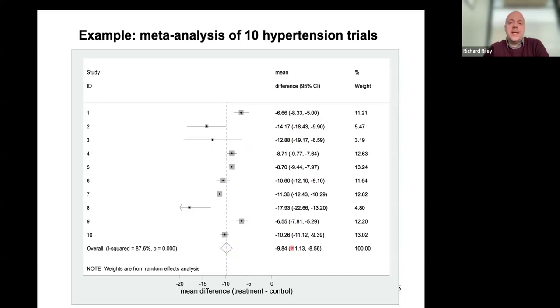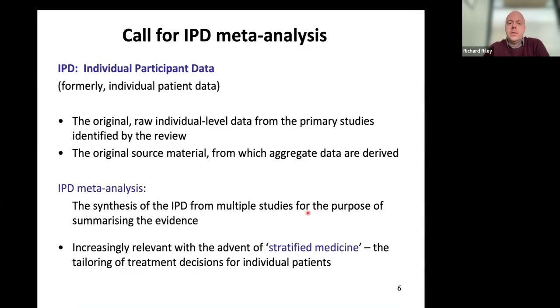But what I'm talking about today is an individual participant data approach, where we get the raw data and derive these estimates ourselves. IPD means individual participant data. Historically, people would have called it individual patient data, but participant is a more inclusive word.